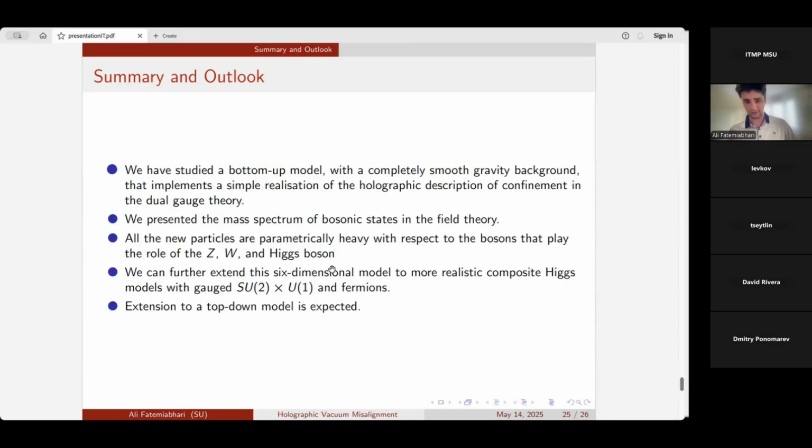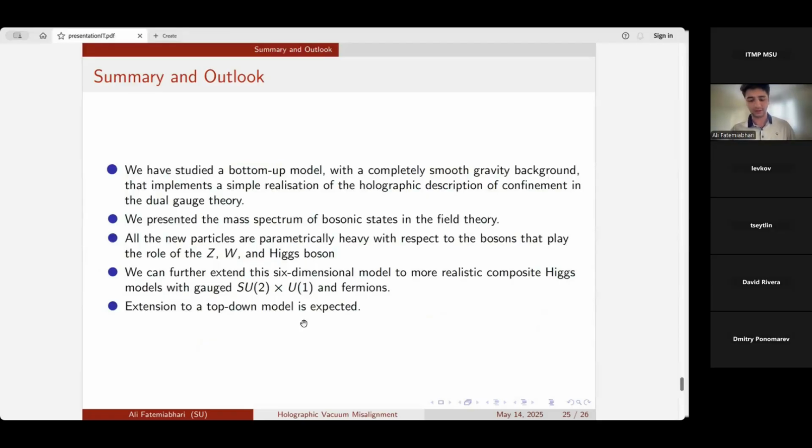And more importantly, doing this calculation in a top-down model. For example, there is a very nice 7D gauged SO5 gravity, the Romans 7D gravity, compactified doubly on the torus to obtain a 5D gravity with a gauged SO5.